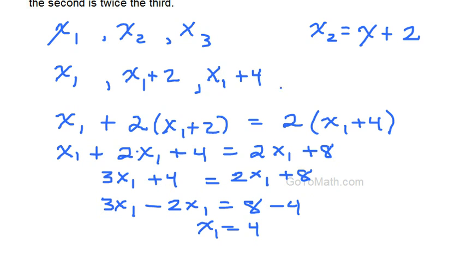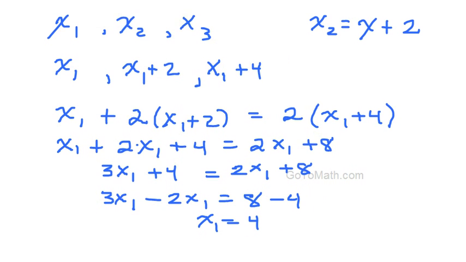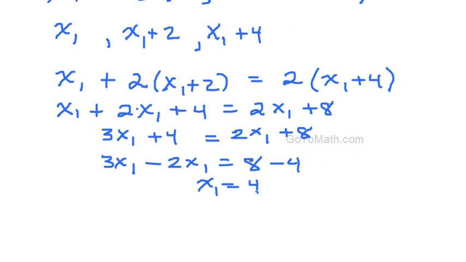Now, I just noticed something. I'll tell you about it in just a second. Our first integer is 4, and our second integer, we just add 2 to it, that's going to be 6, and then adding 4 to the first one, we get 8.